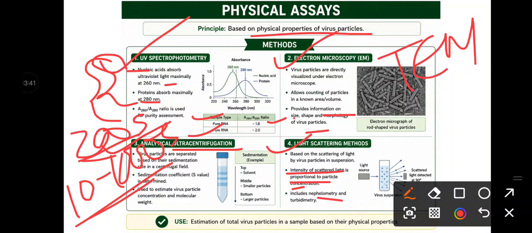It includes nephelometry or turbidimetry. If more viruses are there, more scattering will be there. So by this we can predict the concentration. So four methods are there for the physical assay: UV spectrometry, electron microscopy, analytical ultracentrifugation, and the fourth one is the light scattering method.